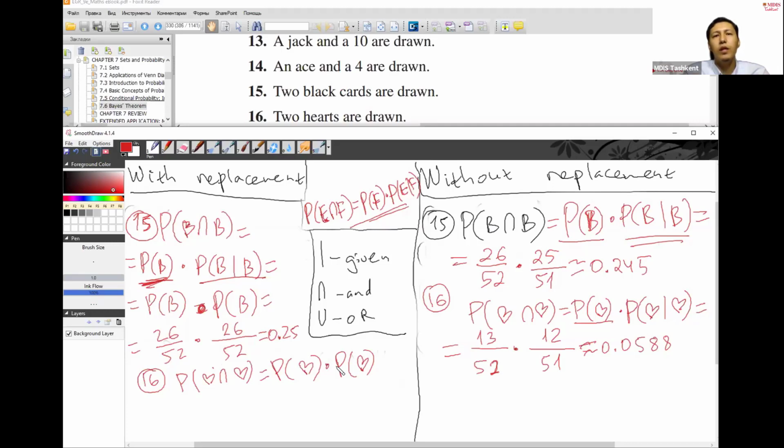Then we call them independent events. So it is 13 out of 52 times 13 out of 52. You get 0.0625, I think.